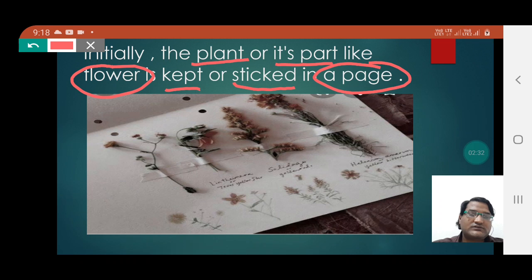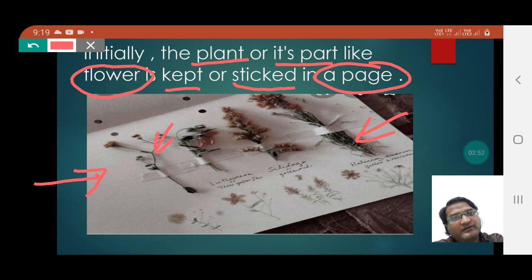So this concept will become more clear with the help of this diagram, which you can see here. In this picture or diagram, you can note that various plants are being taken and their parts. So this is a complete plant, even with the roots. Here there is a part of the plant, and here there is a flower, and here there is an inflorescence of the plant.